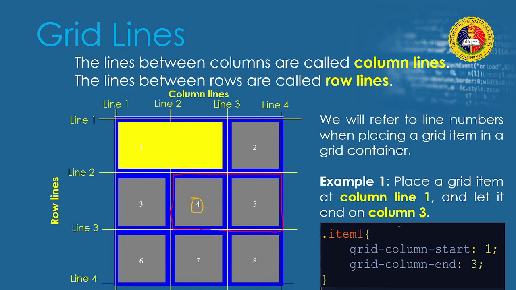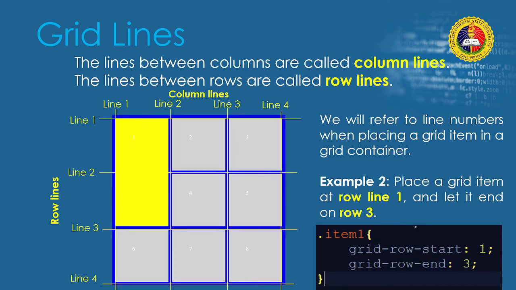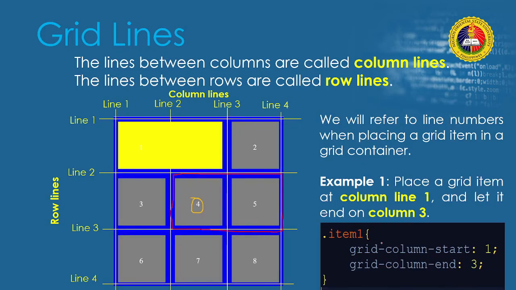Now, next is we're going to place a grid item on row line 1 and let it end on row 3. So we were setting using columns. If for example, I want 4 to start here and then end here, then we will start in line 2 and we will end in line 4.